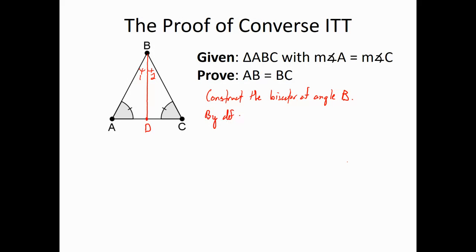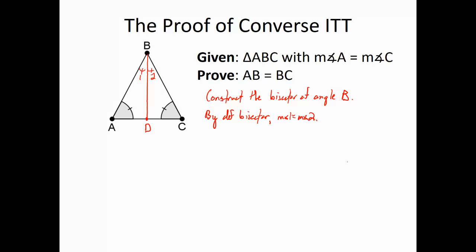By definition of bisector, and notice here that, like I said when I introduced paragraph proof, just because we write our proof in paragraph form doesn't mean that the standards have changed. We still have to provide justification for the statements that we make. In this case, the justification is the definition of bisector. So we know that the measure of angle 1 is equal to the measure of angle 2.